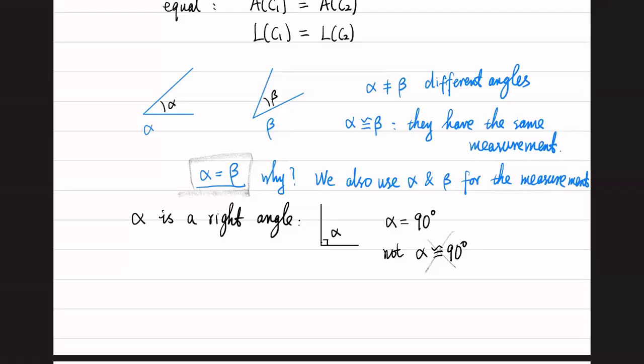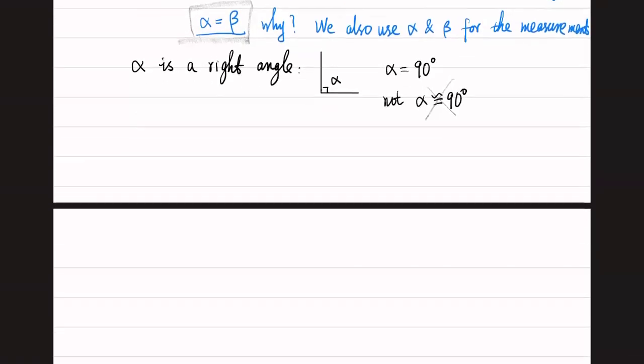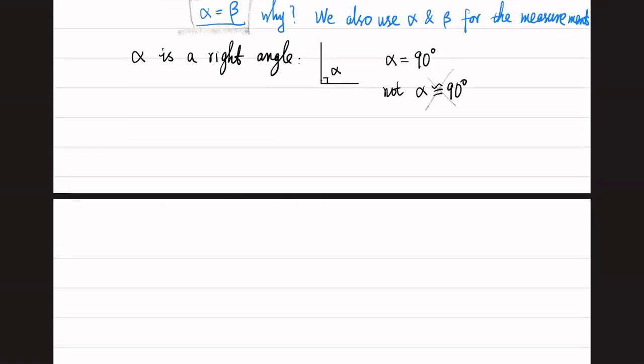So the first four postulates, you can say they're kind of precise and very short. The fifth one is very long and complicated, and there is a lot of discussion about this.